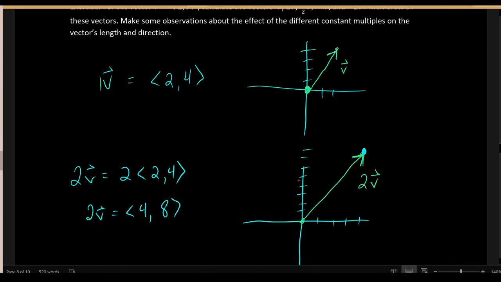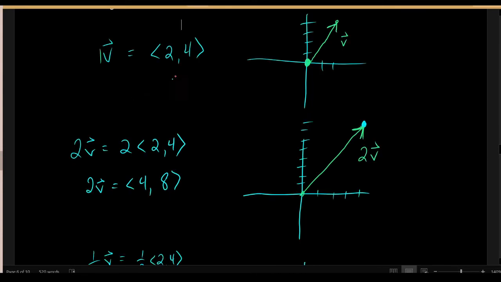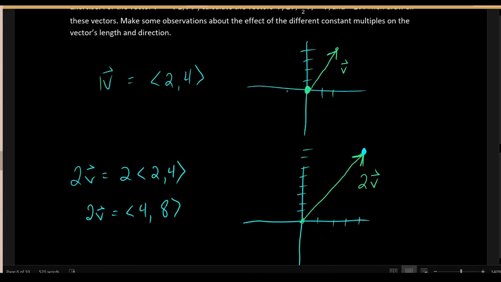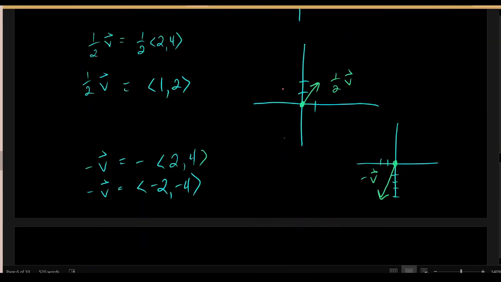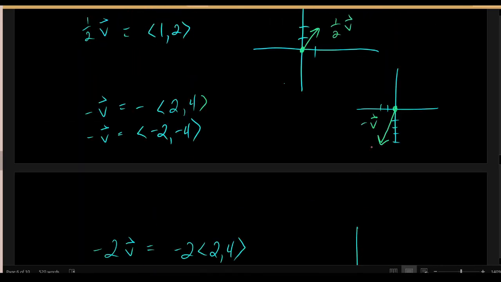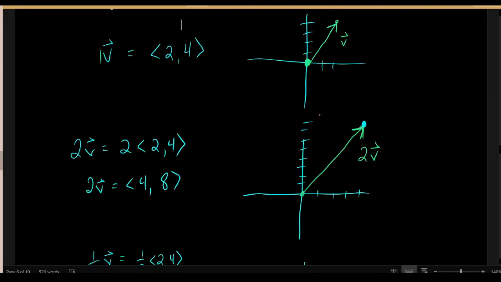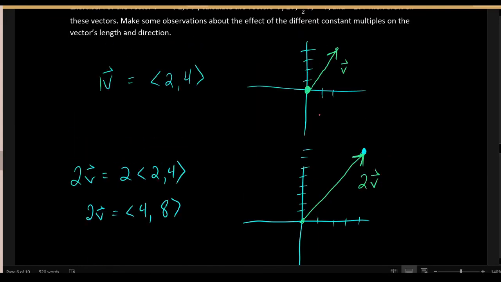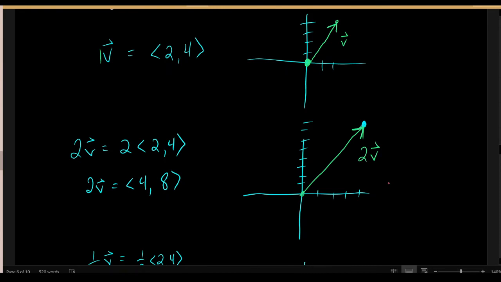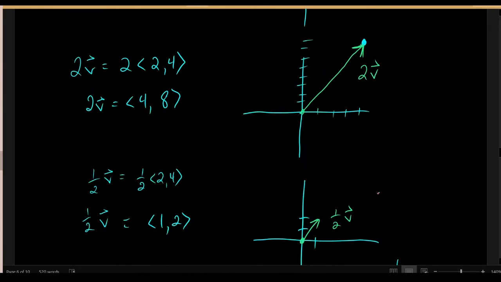Quickly scrolling back up to this exercise, we started with the vector v, and then considered 2v. All these other scalar multiples of v would be considered parallel to the original vector v. However, only the vectors with a positive scalar, such as 2v and 1/2 v, are pointing in the same direction as the original vector v.